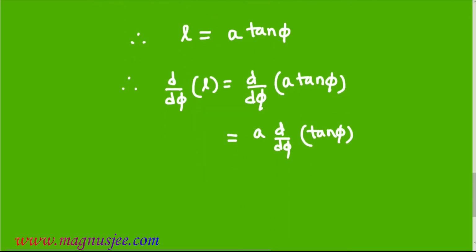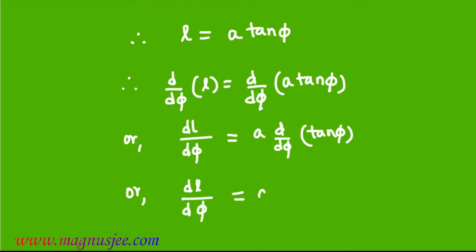And here the left-hand side dl by dφ equals A sec square φ, because d/dφ of tan φ is sec square φ.